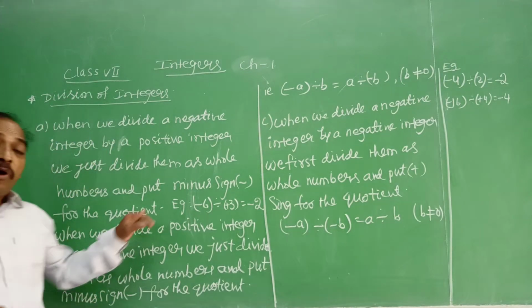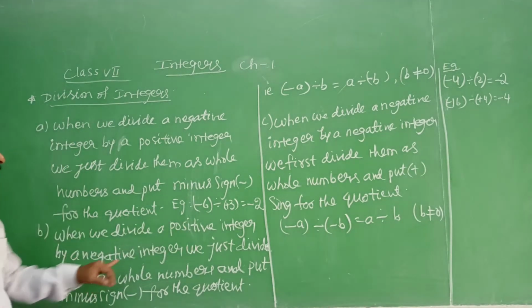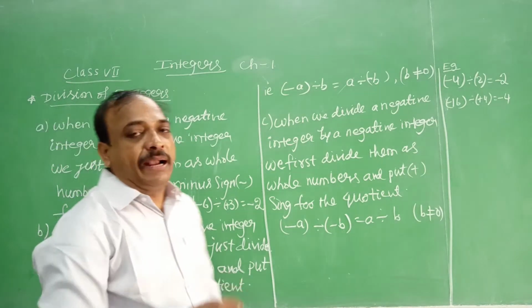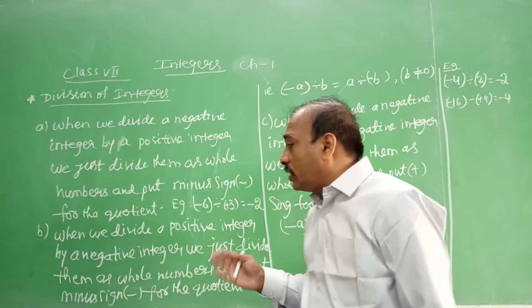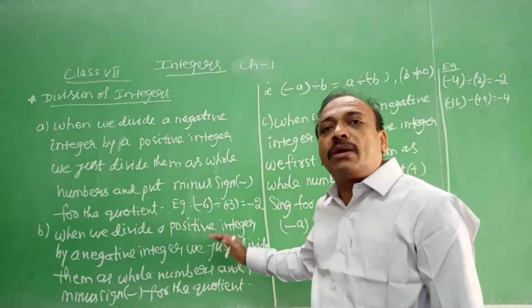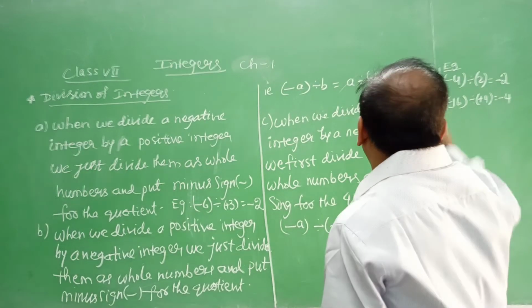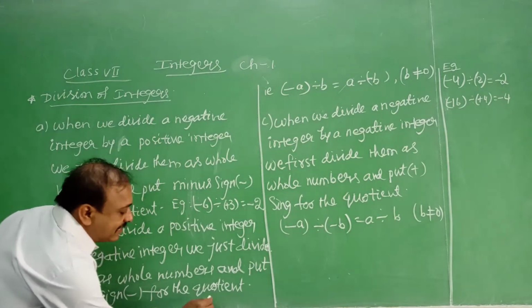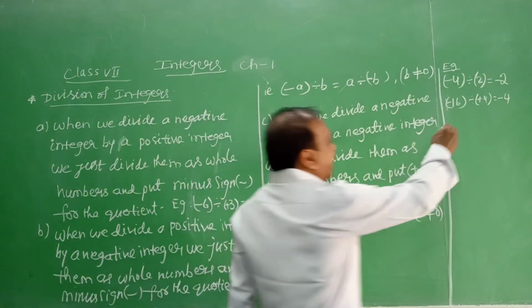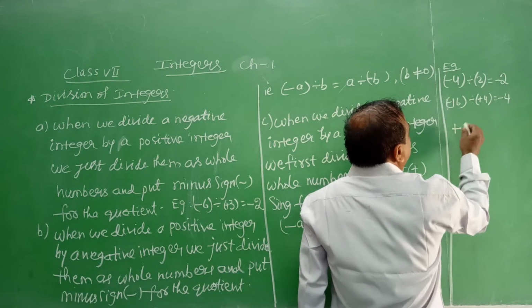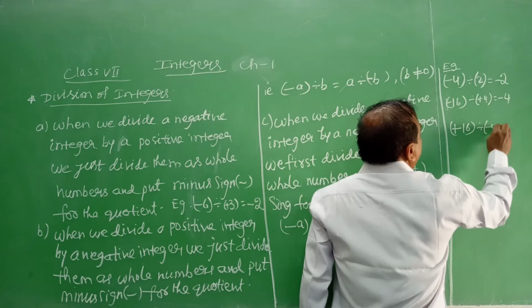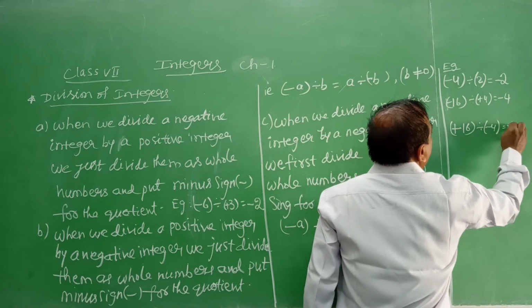Next, another one. When we divide a positive integer by a negative integer, we just divide them as whole numbers and put a minus sign for the quotient. So here also a positive number is divided by a negative number. For example, plus 16 divided by minus 4 is equal to minus 4.